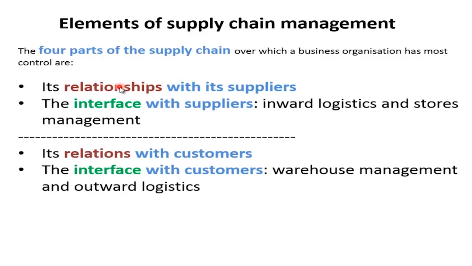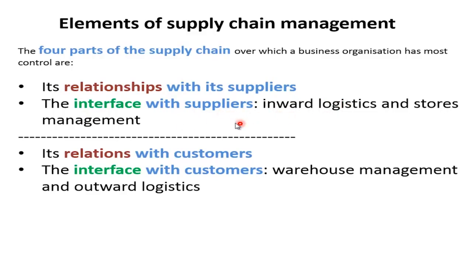You know that every organization has a relationship with their suppliers. And interface with suppliers. So, they have the interface with the supplier, that the supplier has to provide some raw material. Inward logistic and store management.